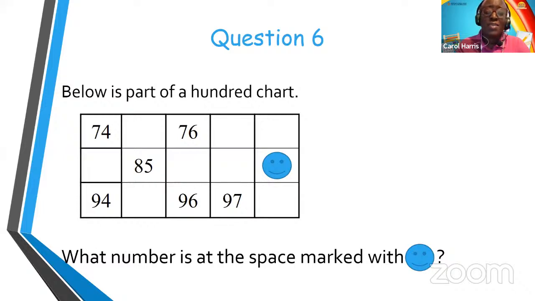Which way along the chart are you going? When you're going vertically, from top to bottom or from bottom up, we're changing by 10. Thank you. So vertical are the columns. When I go by columns, I'm going by 10.